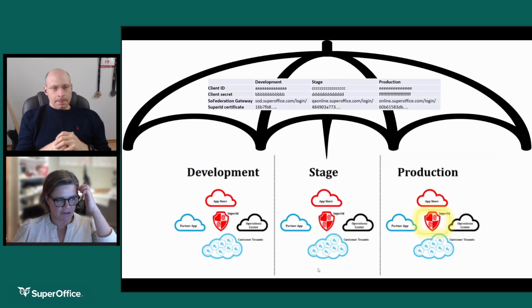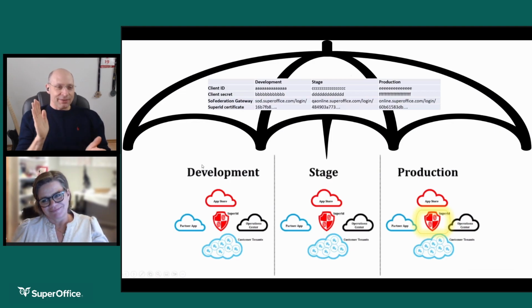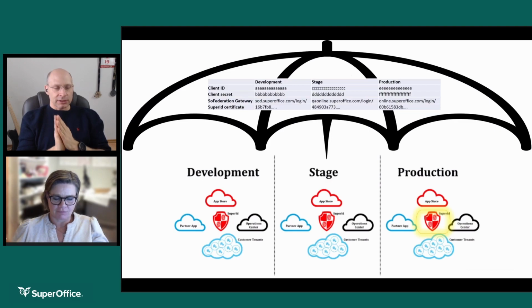So what we have done is create a tenant. You have a SuperOffice sandbox environment in our development environment, and a SuperID user here. So we have a tenant in the SOD development environment and a SuperID user in the development environment. We also now have our company registered in not this production environment, but SuperOffice's production world.